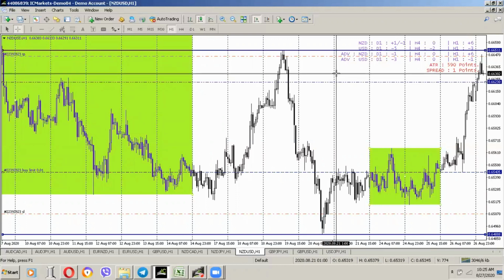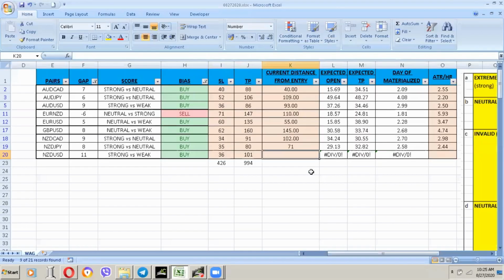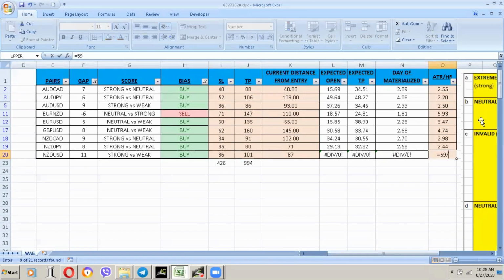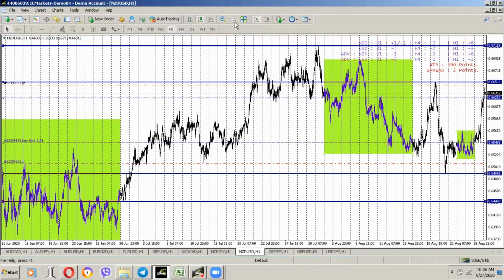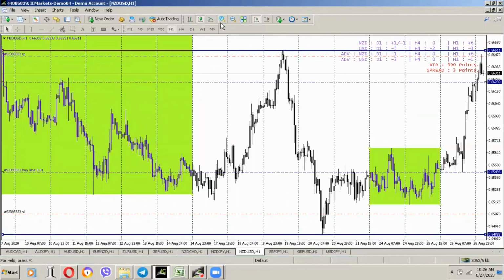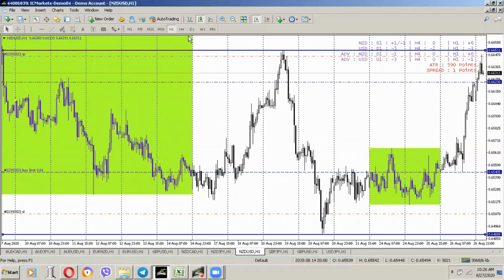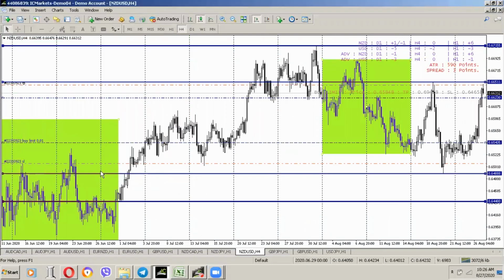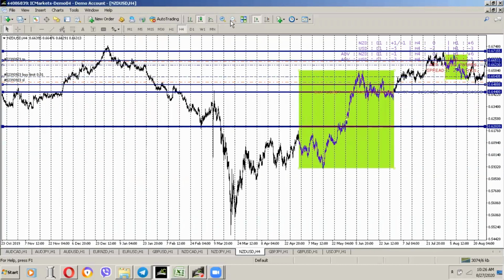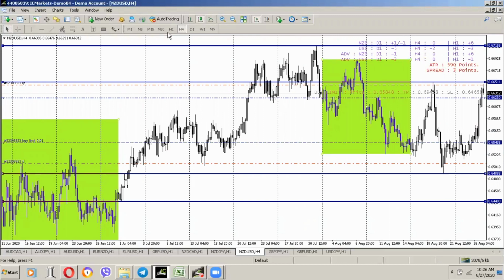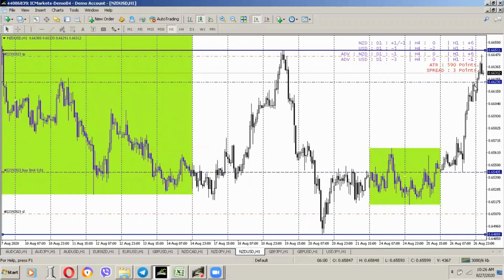For the current distance from entry, we have around 87. Then ATR per hour, we have 59. For the market structure, scoring is in H1. So for me, this is still on ranging pa siya. Ranging din siya.